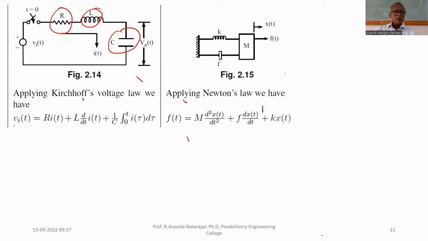If you write Kirchhoff's voltage law, what is that? v i of t equal to R i of t plus L di by dt plus 1 upon C integral from 0 to t of i of tau d tau. Tau is correct because the limit is 0 to t; the dummy variable is tau.